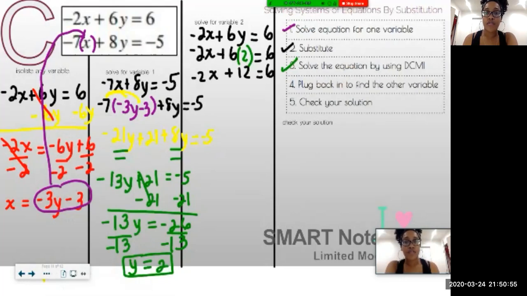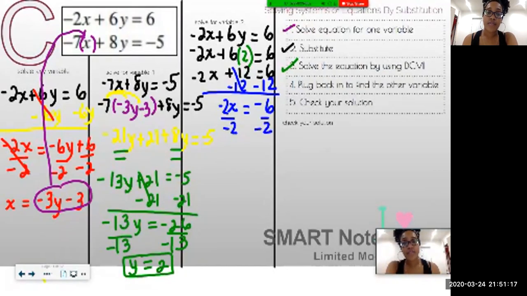We want to get rid of the 12 because we're trying to solve for x. So we're left with negative 2x equals 6 minus 12. It's negative 6. We divide by negative 2 on both sides. And we're left with x equals 3.